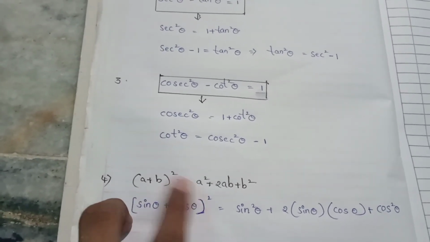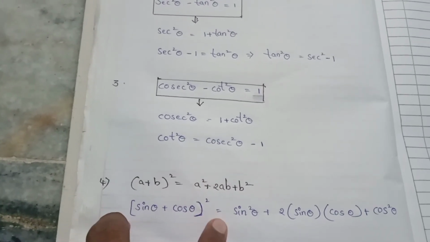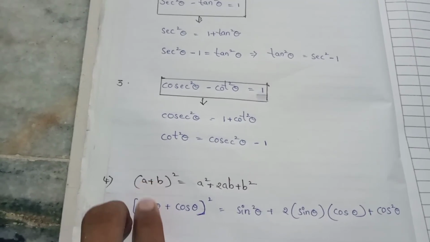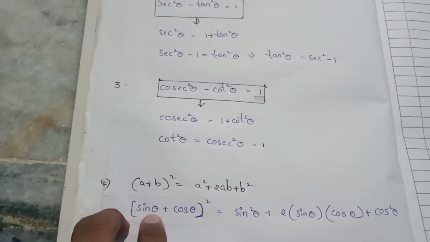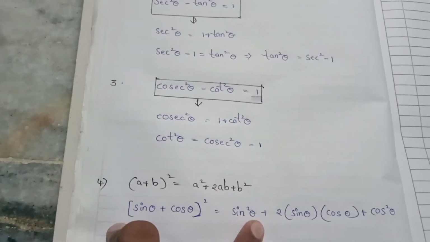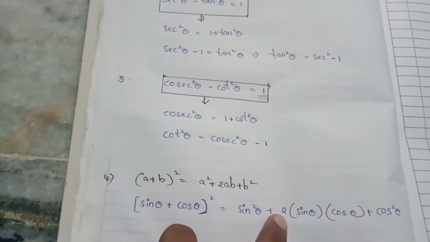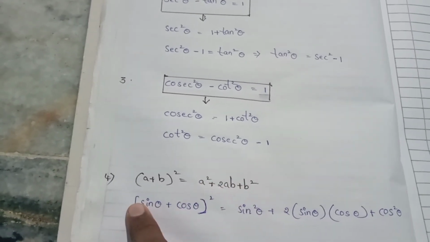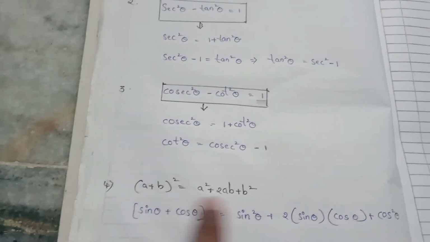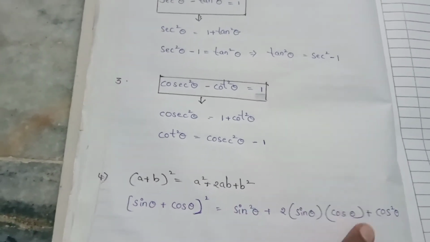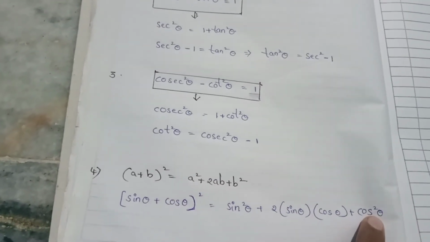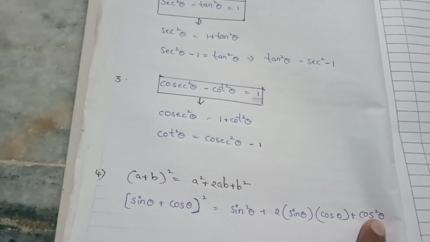Sin theta plus cos theta whole square is equal to a square, that is sin square theta, plus 2 into ab, that is sin theta into cos theta, plus b square, that is cos square theta. This symbol is called theta.